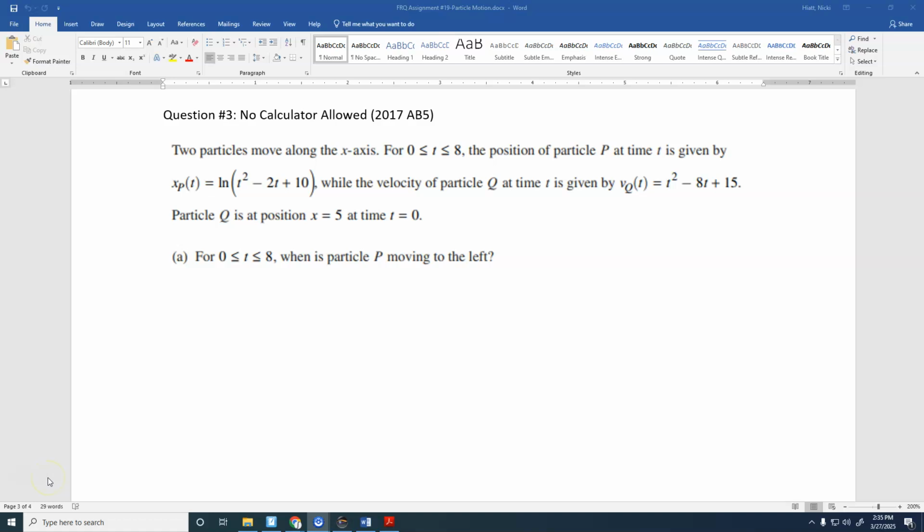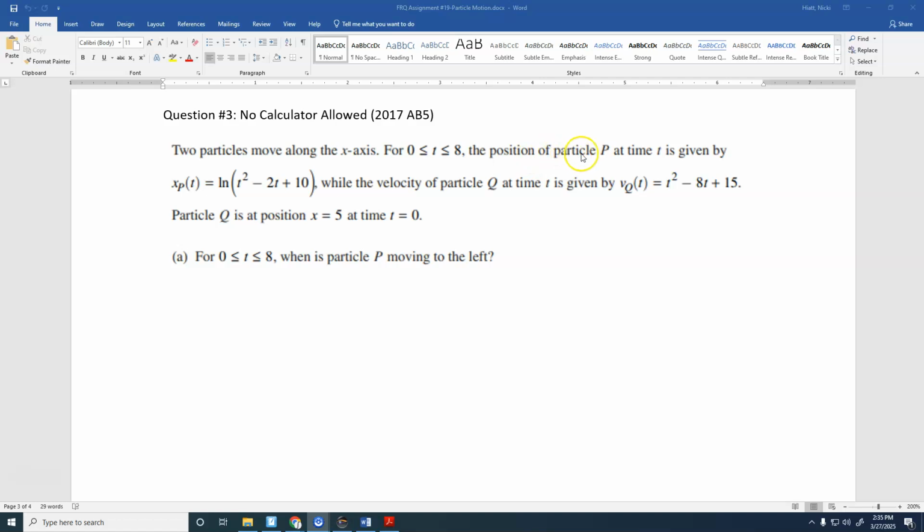Also, just notation alone sometimes throws kids off whenever they start doing these subscripts. So just know that you're using x for position, v for velocity, you could use a for acceleration, and the subscript is just telling you which point because they're asking you about 2 different points right here. So 2 particles move along the x-axis for 0 to 8.